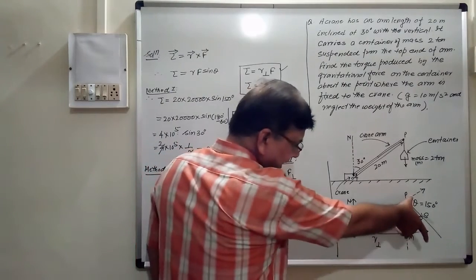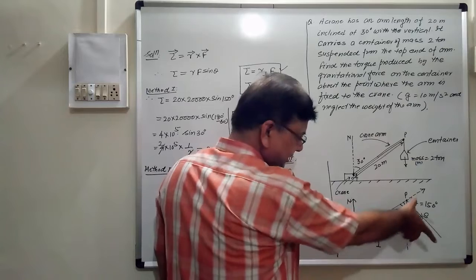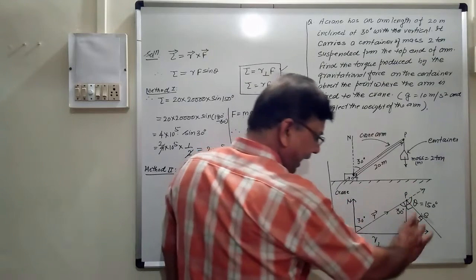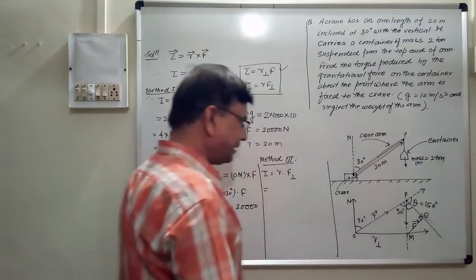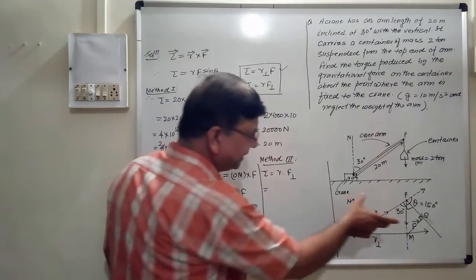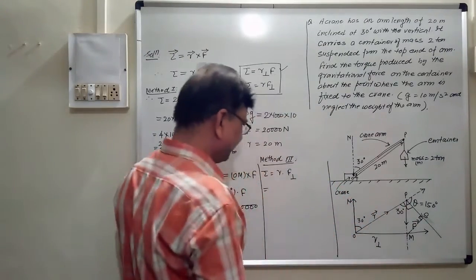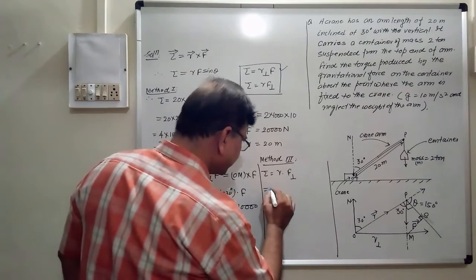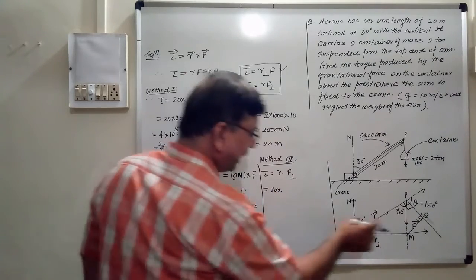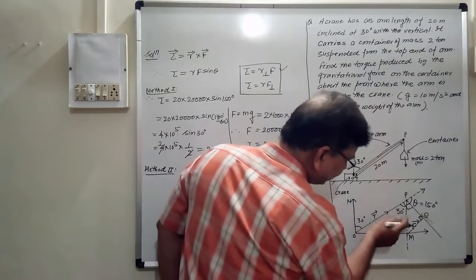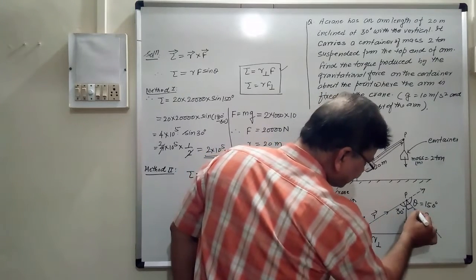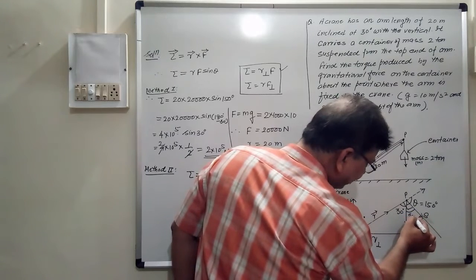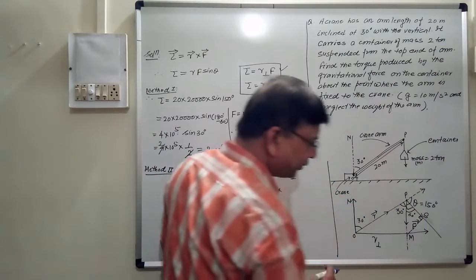See, this length PM is the force, this length is showing PM, and the component of this along this is PS. So the length of PS will be F perpendicular. Here R is 20. For F perpendicular, this is 30 degree, so this will be 60 degree because I have drawn 90 degree.